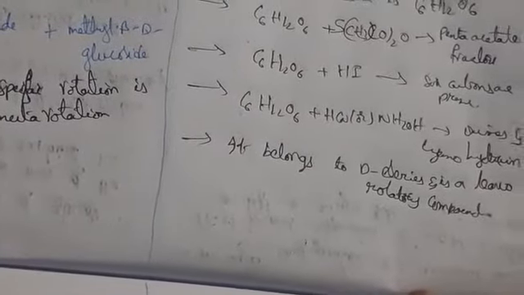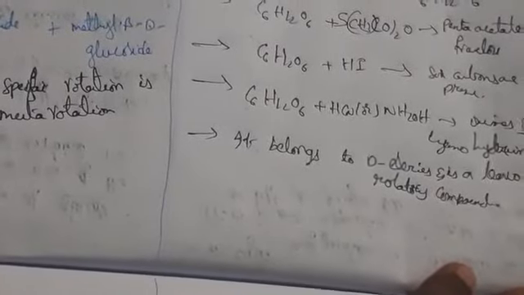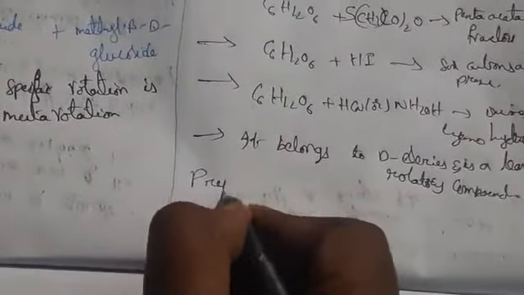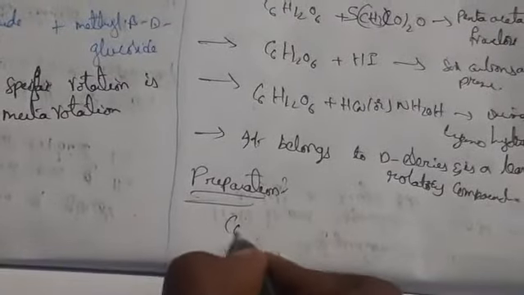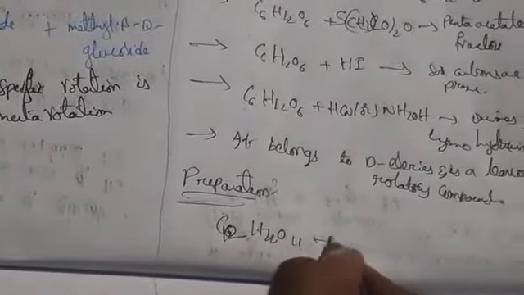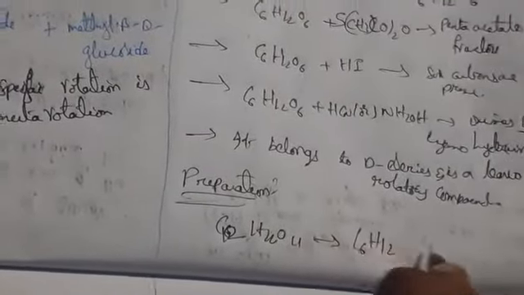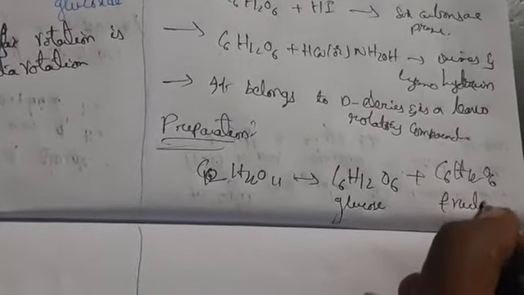Coming to preparation, it is found mainly in ripe fruits and honey, and it is the sweetest of the sugars. It is mainly prepared by hydrolysis of sucrose. Sucrose, C12H22O11, gives rise to C6H12O6 plus C6H12O6, that is glucose and fructose.